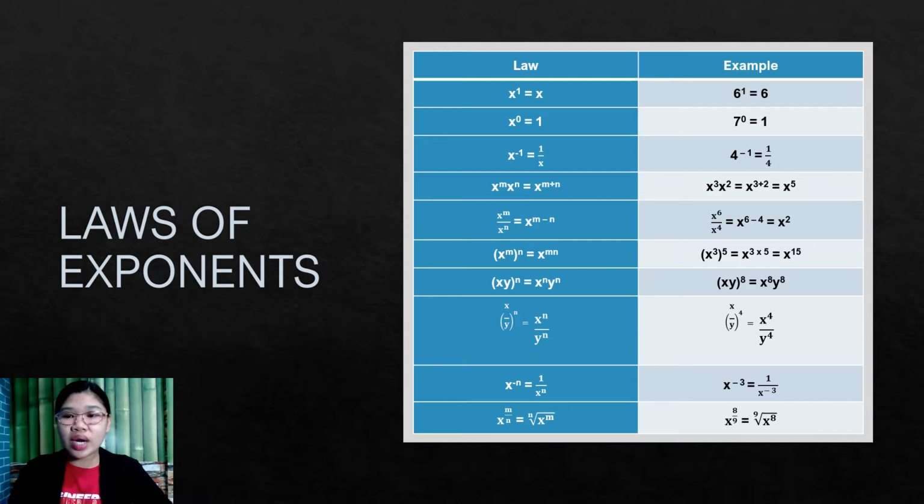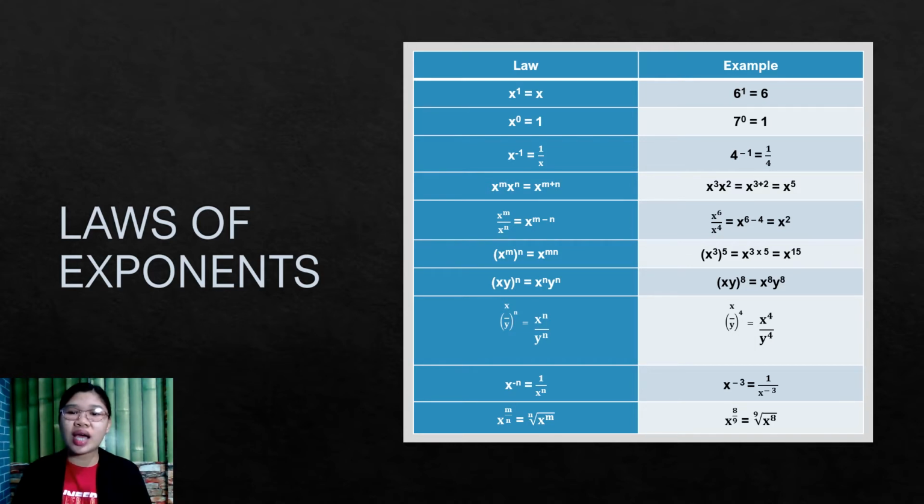So in our example, we have here 6 raised to 1. The answer is the number itself, which is 6. And then next we have a number or a variable raised to 0 will be equal to 1. So anything raised to 0 is equal to 1. So x raised to 0 is equal to 1. 7 raised to 0 is equal to 1.